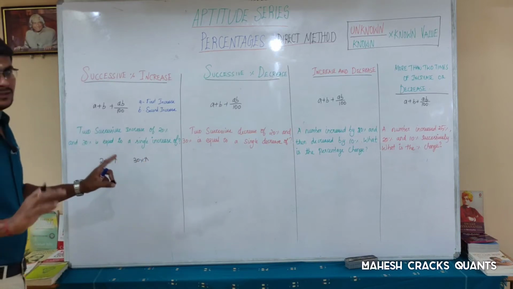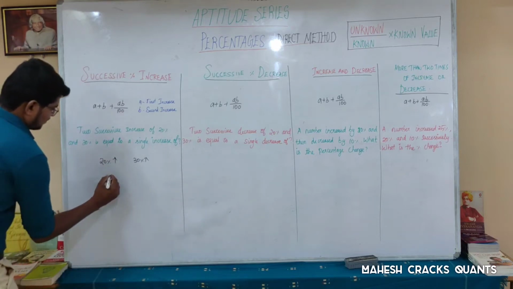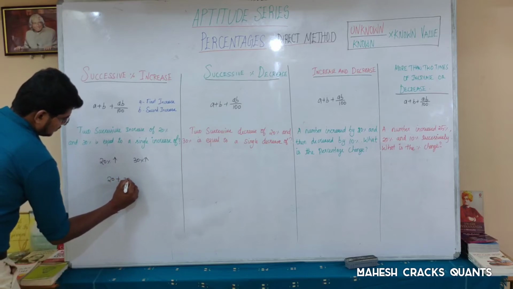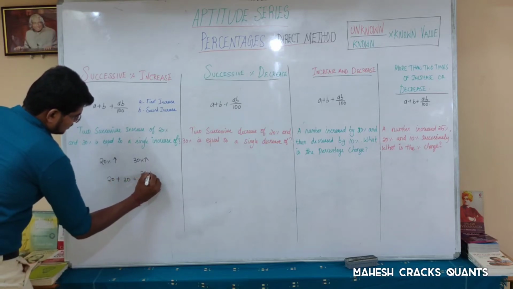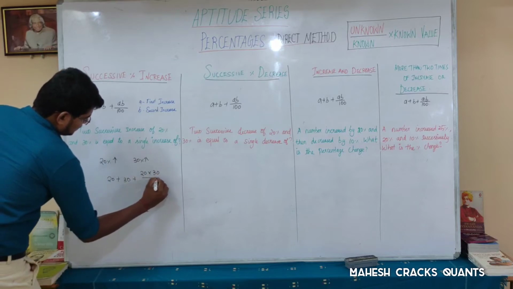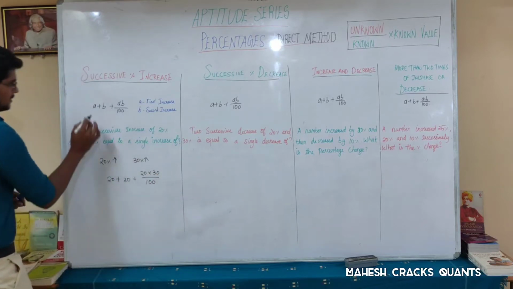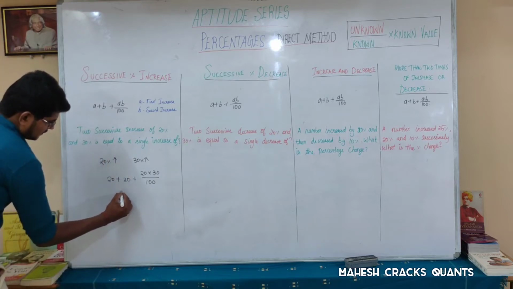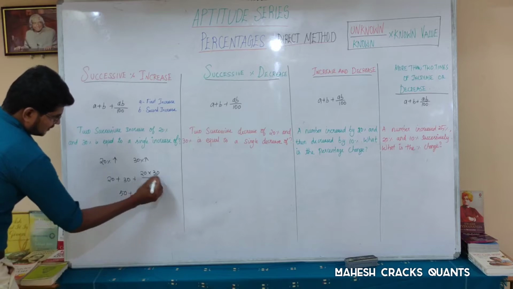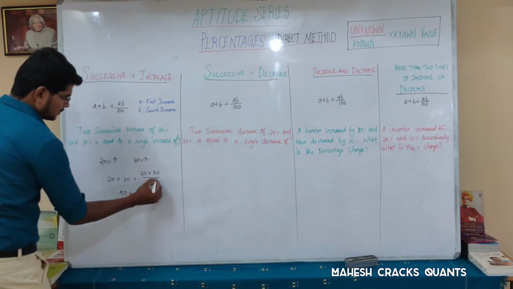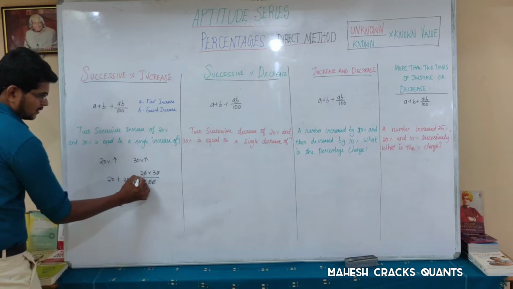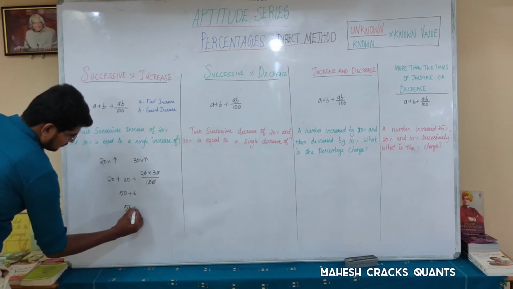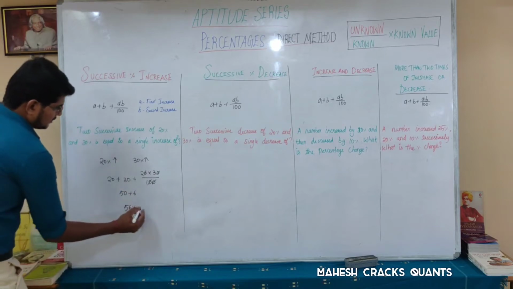Both are increases, so we are going to use plus. So 20 plus 30 plus 20 into 30 divided by 100. Instead of a, b, I am using 20 and 30. So 20 plus 30 is 50, plus 20 into 30 by 100. You don't need to multiply them. Just cancel these zeros. 2 into 3 is 6. The answer is 56%.